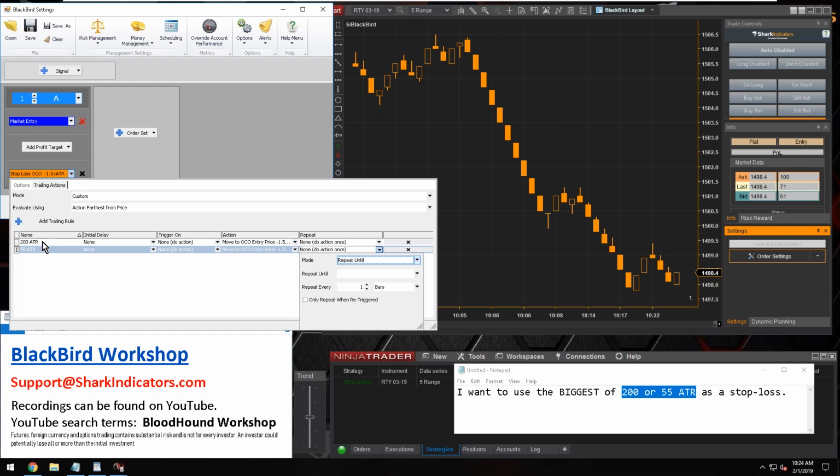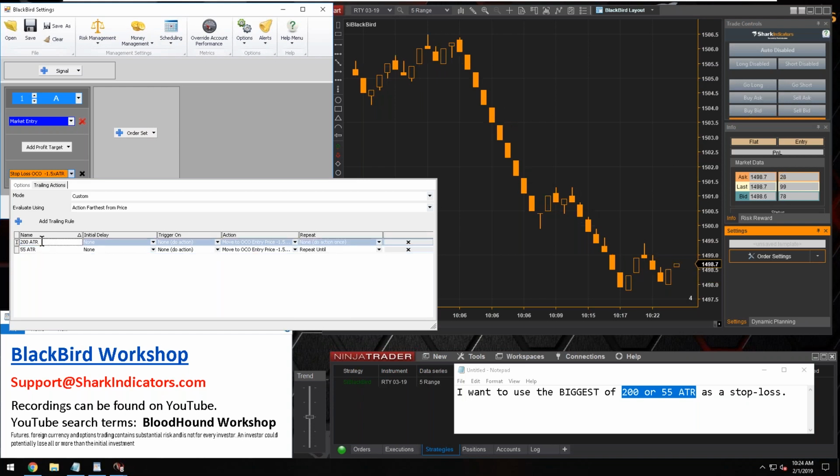So a simple way of saying it is, if we could set a way so that these two trailing rolls can only execute on the first bar, and as soon as that first bar passes, they can no longer execute. So kind of disabling them after the first bar, and they just become benign.